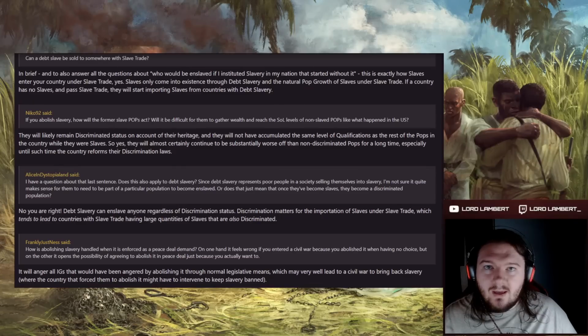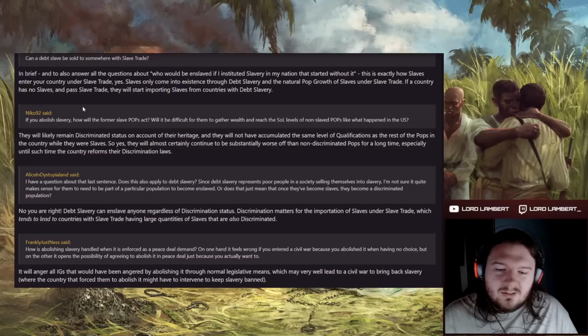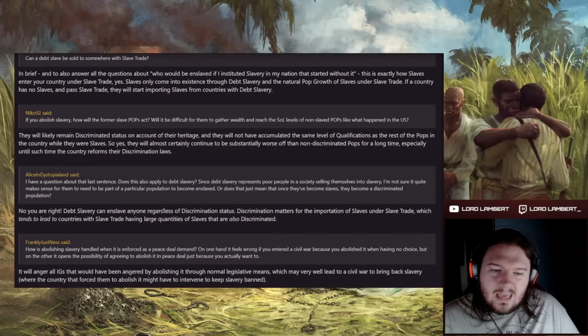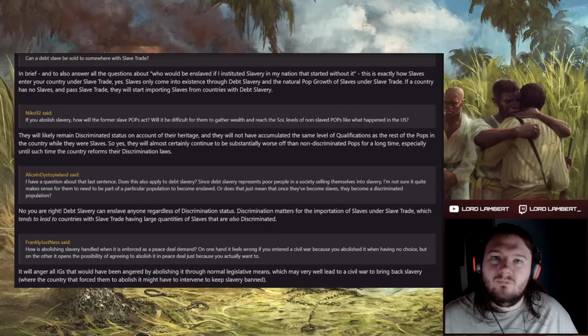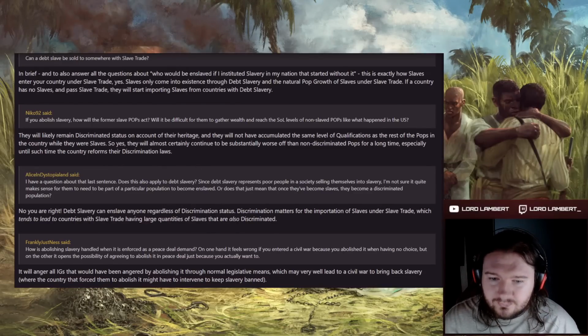And it's still not perfect, and in many people's lifetime, including some people that work at Paradox, in the USA, the black population was still massively discriminated against, and the civil rights movement was going on. So, having it be that, oh yeah, we got rid of slavery, click of the fingers, everything's great, like it was in Victoria 2, that's not realistic. This seems way more realistic, and yeah, makes sense to me.